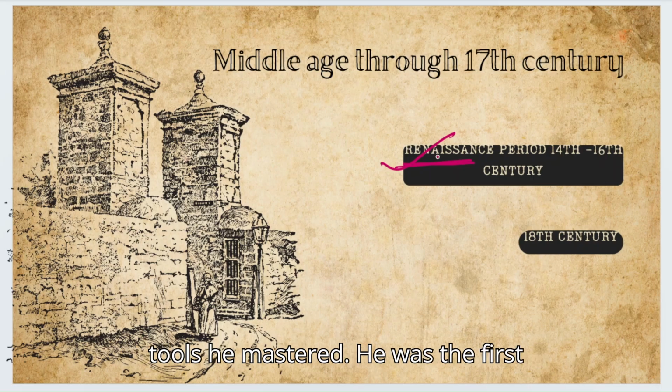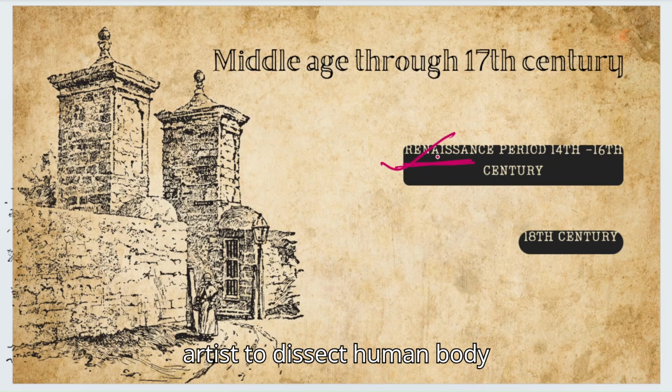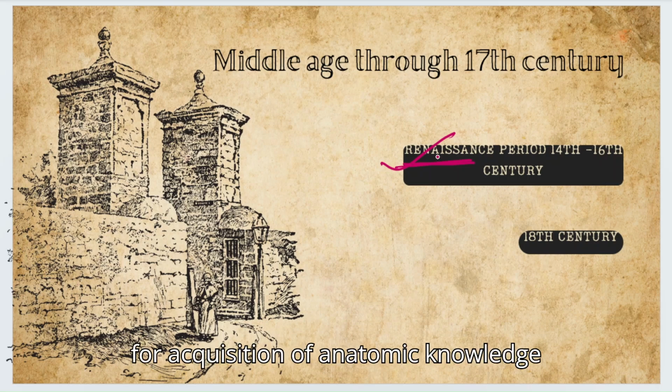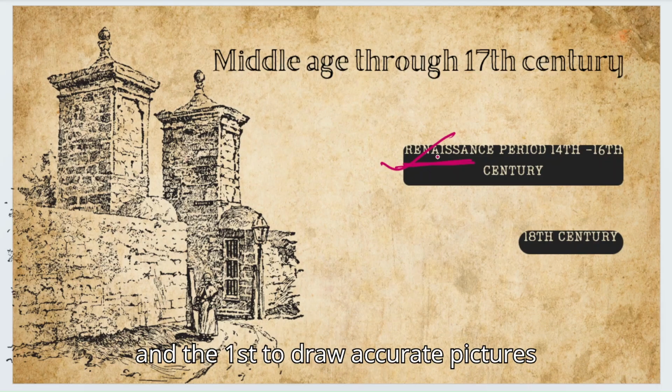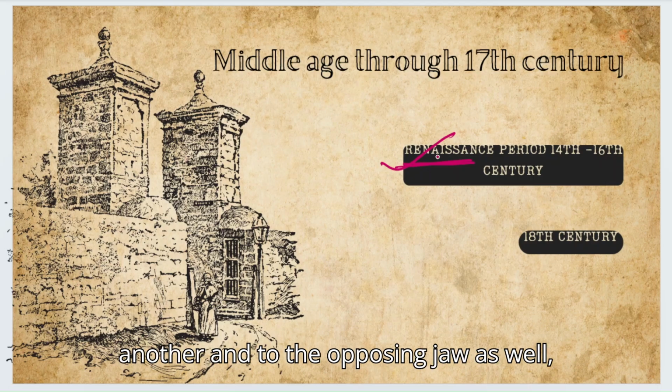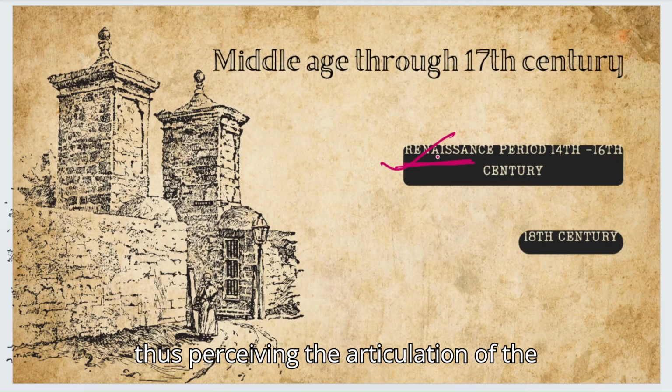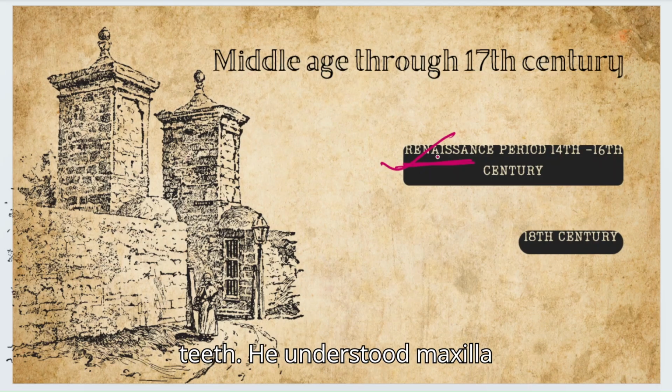He was the first artist to dissect the human body for acquisition of anatomic knowledge and the first to draw accurate pictures of those dissections. He was the first one to recognize tooth and realize that each tooth was related to another and to the opposing jaw as well, thus perceiving the articulation of the teeth.